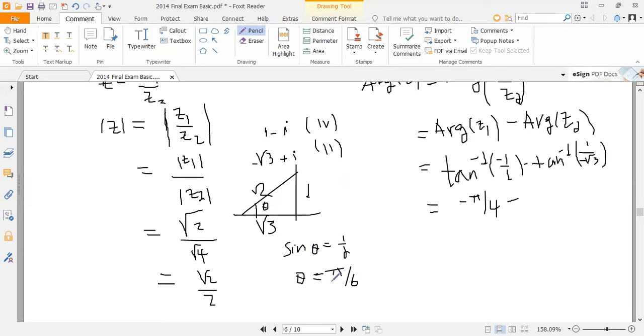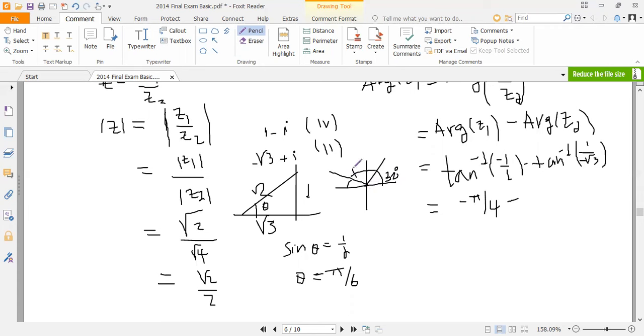Therefore, this is the first quadrant, but it's found in the second quadrant. We have here 30 degrees, so this one is 60 and this one is 60. 120 plus 30 is 150.